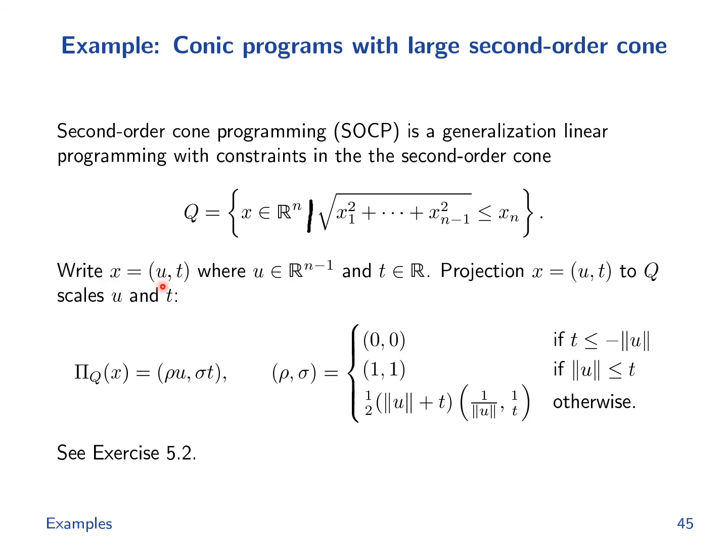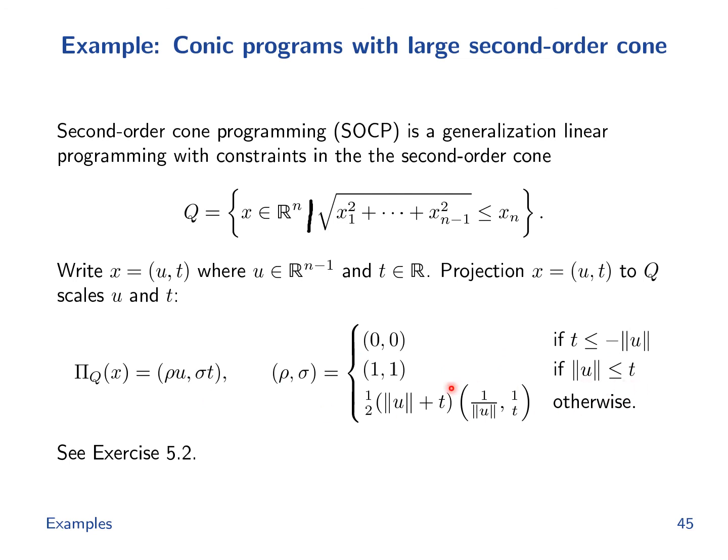Consider an arbitrary point where u is the first n-1 components of x and t is the last component of x. Projecting this point onto the second-order cone reduces to just scaling the first n-1 components by the same number rho and scaling the last component. When this inequality holds, rho and sigma are 0, 0, which gives you the origin.